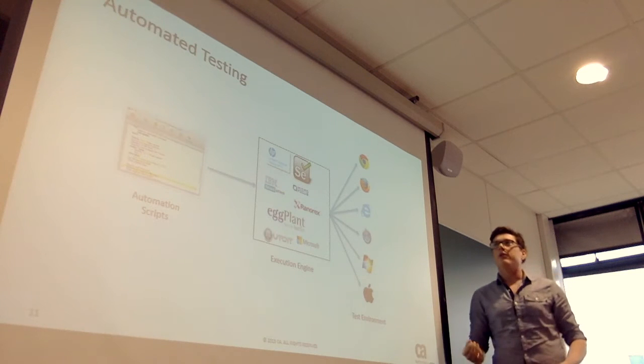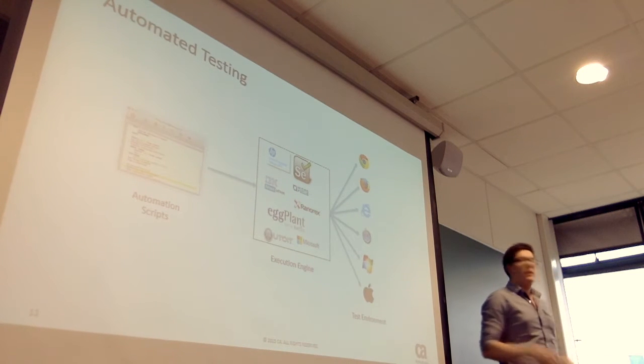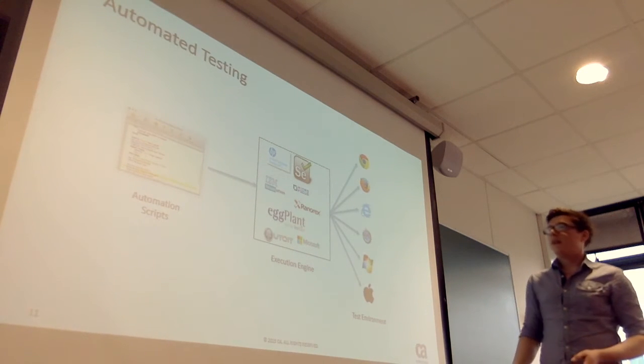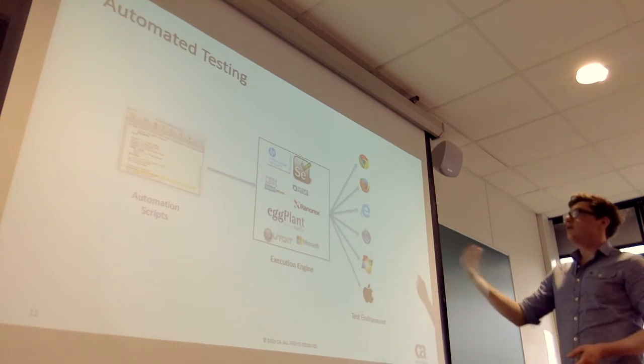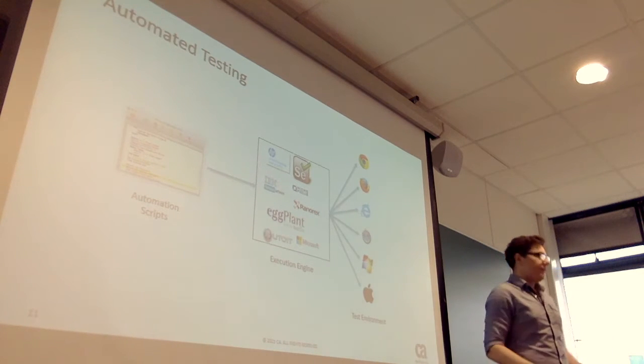These are all common automation languages. Just like you would write software in C++, you can write an automated test case in these languages. Then you execute the test case and it deploys on Chrome, Windows, Mac, whatever you're going to test your system on.